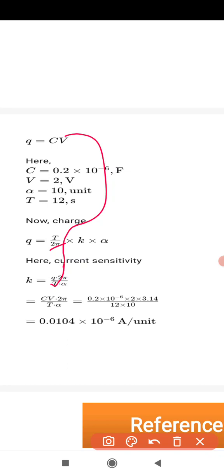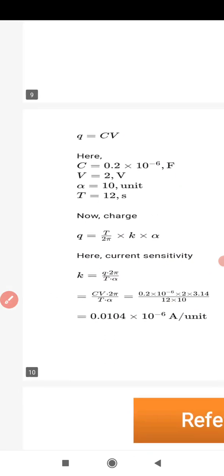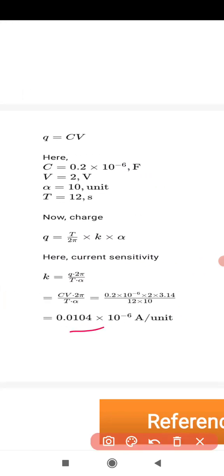C is 0.2 into 10 power minus 6, V is 2 volt, 2 pi is 3.14, divided by T is 12 into 10. Calculating the above equation, we get the answer K is equal to 0.0104 into 10 power minus 6 amperes.